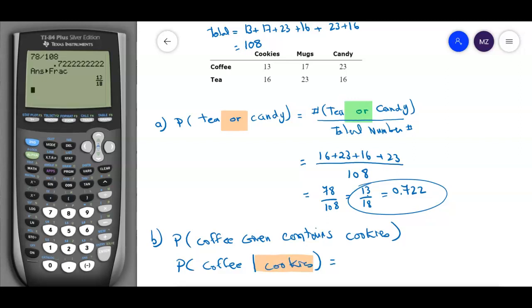From everything, there are only cookies. It means this is your new universal set. This is your new total. So what you see here are the cookies. This cookies over here became your universal set.